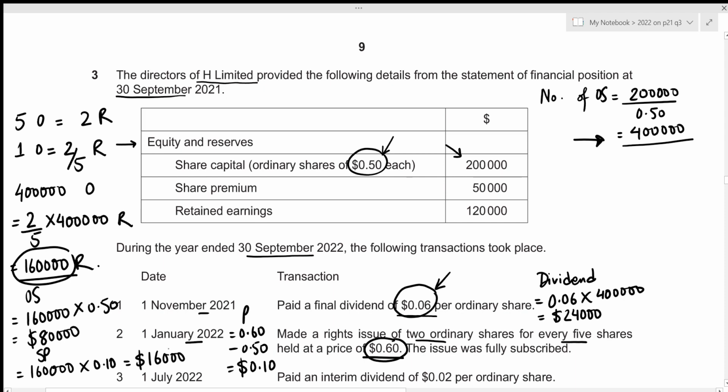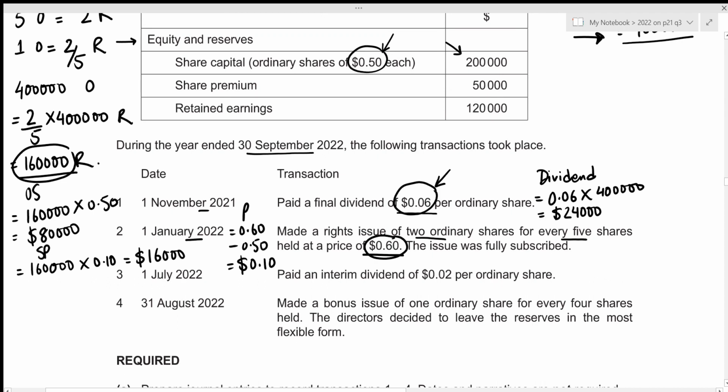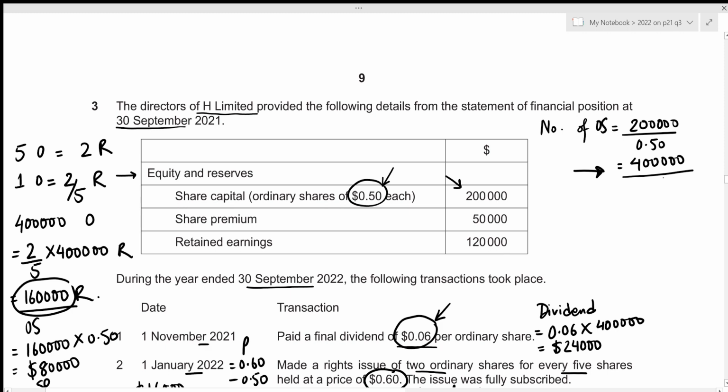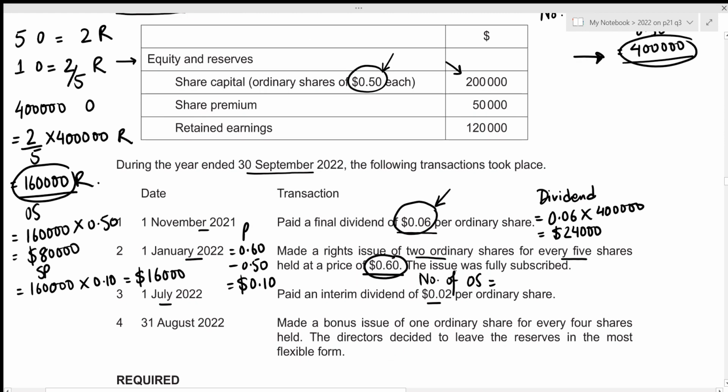All right. Now, for the date of 1st July 2022, the company paid an interim dividend of 0.02 per ordinary share. Now, the number of ordinary shares has been changed because we issued new rights shares, right? So previously, we had 400,000 ordinary shares. Let's write it down. The previous value is 400,000.